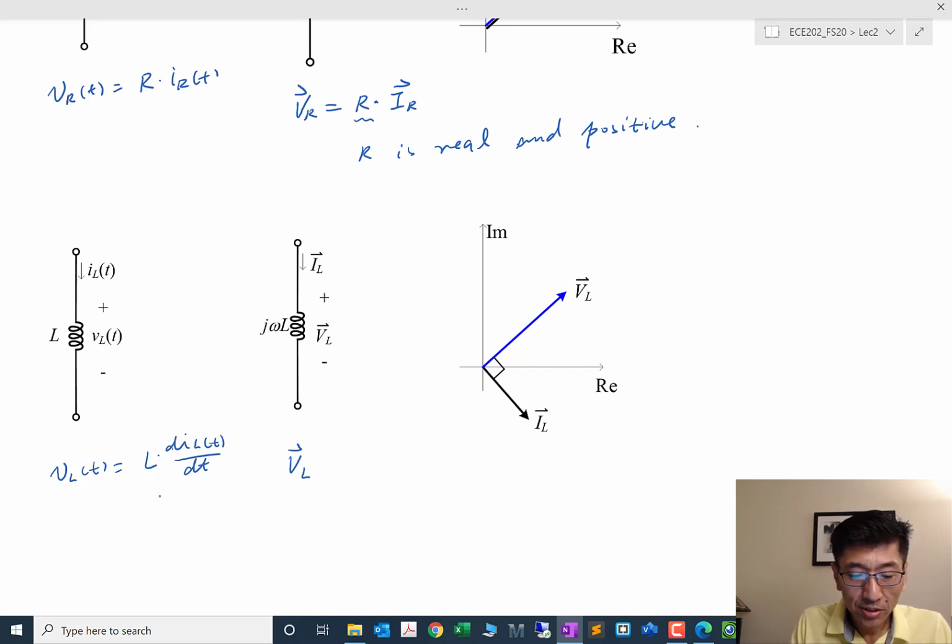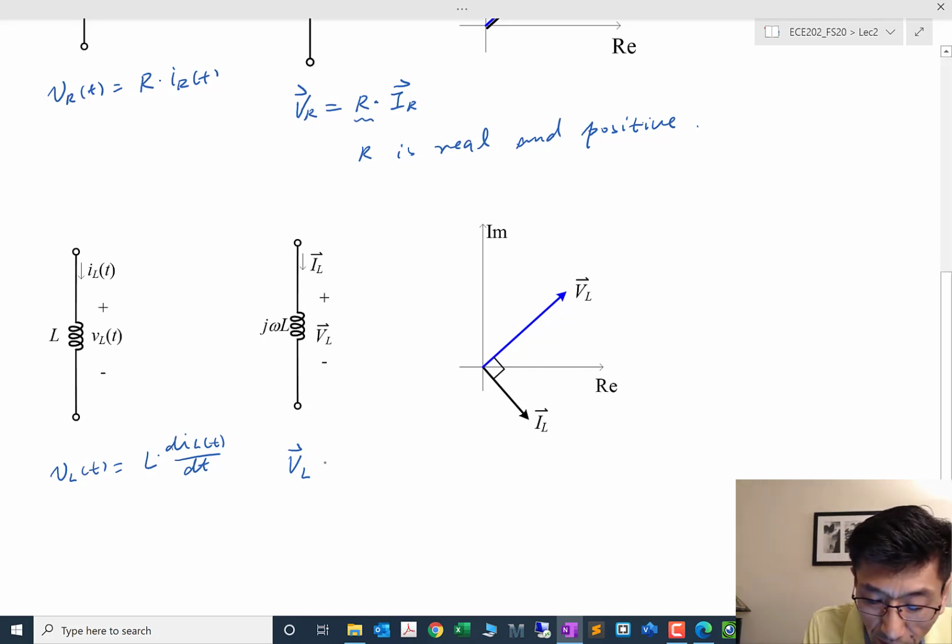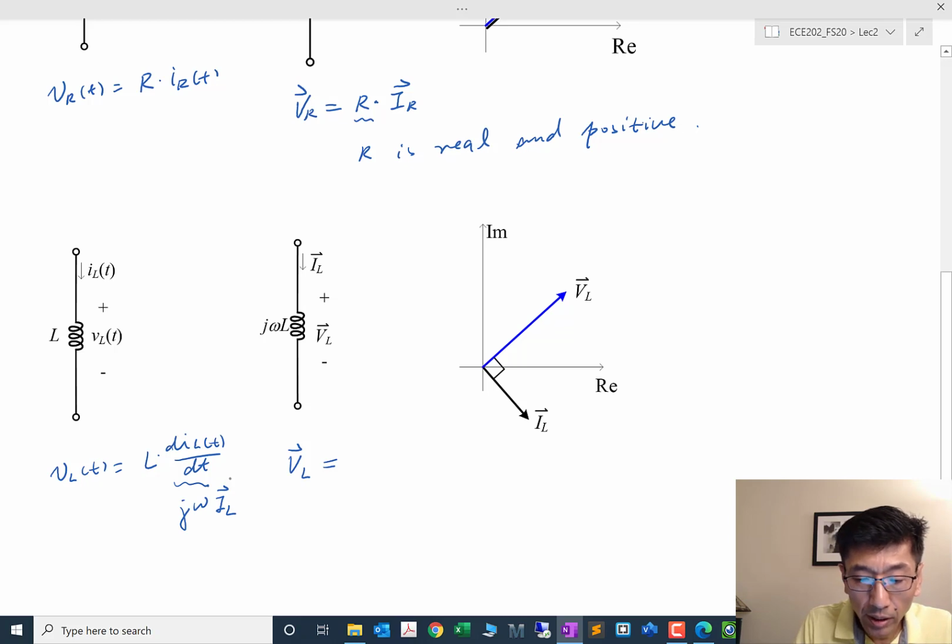The phasor of the derivative of the sinusoidal signal is just j omega times I sub L, if I sub L is the phasor of i sub L of t. Then multiply by this L, so we have j omega L times I sub L. So that's the element constraint.